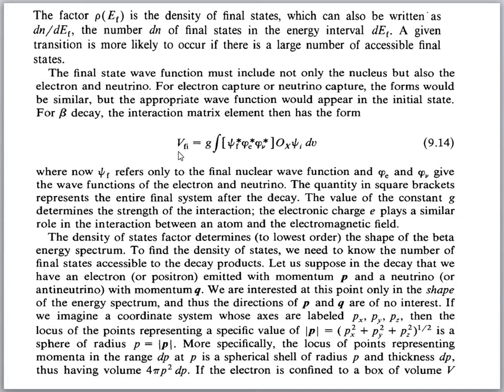So Vfi equals G times the integral of psi f star, the nuclear wave function, phi e star, the wave function of the electron, and phi nu star, the wave function of the neutrino, times the Hamiltonian of interaction, times psi i dV.